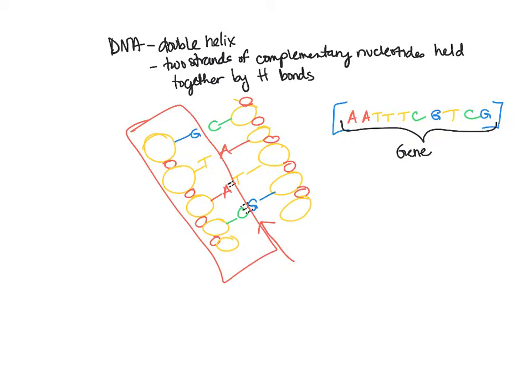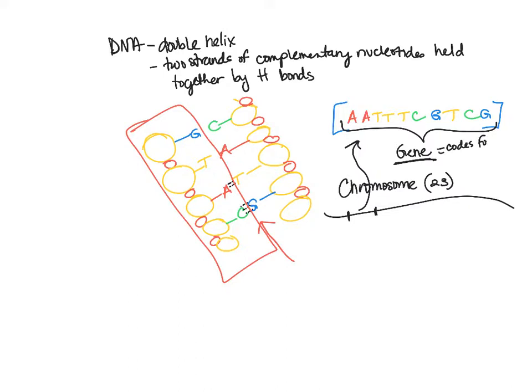So remember, our long strand of DNA is called a chromosome, and we have 23 pairs of chromosomes in our body. Within the chromosome, the long strands of DNA, we can cut out chunks, and we can say that those chunks are genes. Remember, a gene is a section of DNA that codes for one protein.